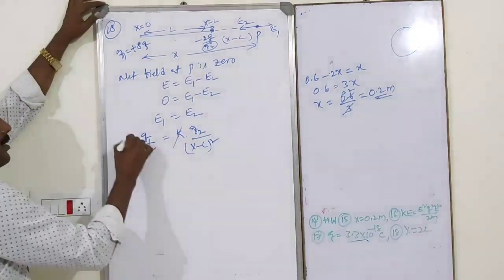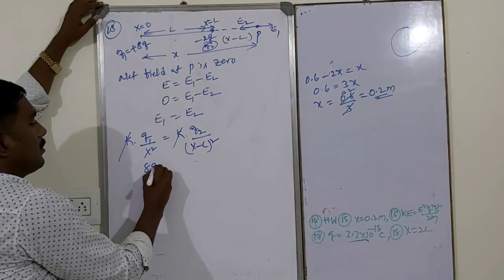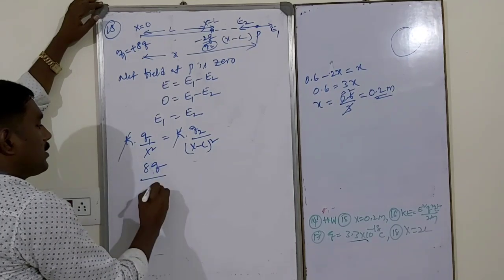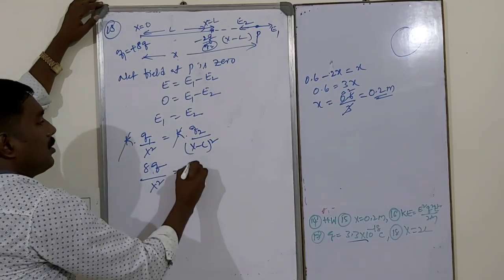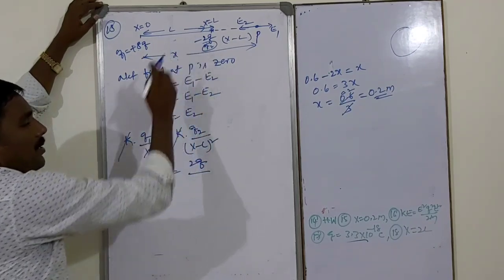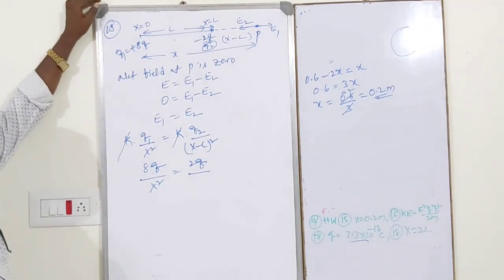K cancels out. What is the value of Q1? 8q. So 8q by x square is equal to Q2. What is the value of Q2? 2q. And we should not take the minus sign, minus is only for the direction of the field or the direction of force.